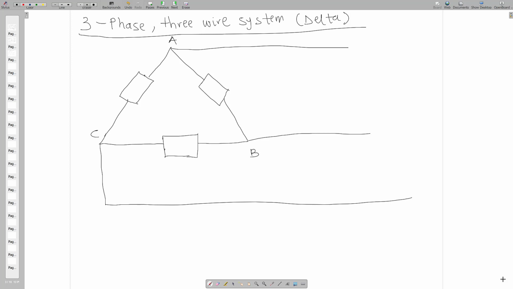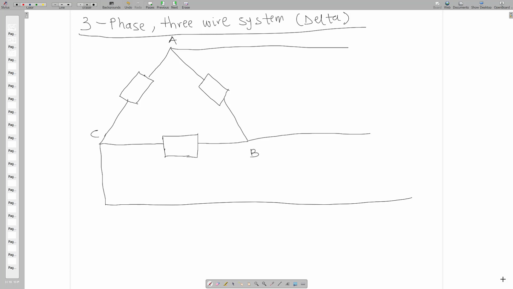Right, so this is on the three-phase three-wire system. In this system, three-phase three-wire delta is normally used to supply power to balanced or unbalanced three-phase loads such as motors.